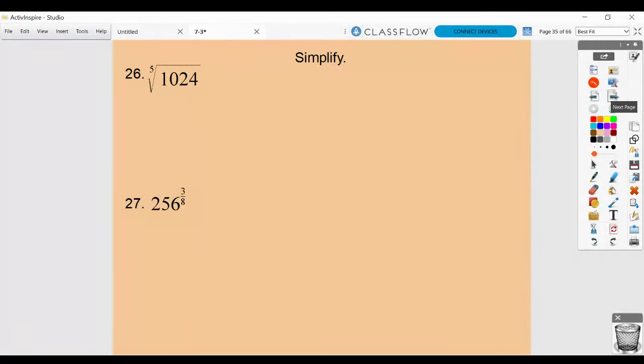Okay, the next concept was actually simplifying these, so using your calculator to figure out an answer. So the 5th root of 1024, you're actually going to type in the 5 and then use that radical with that x in 1024.